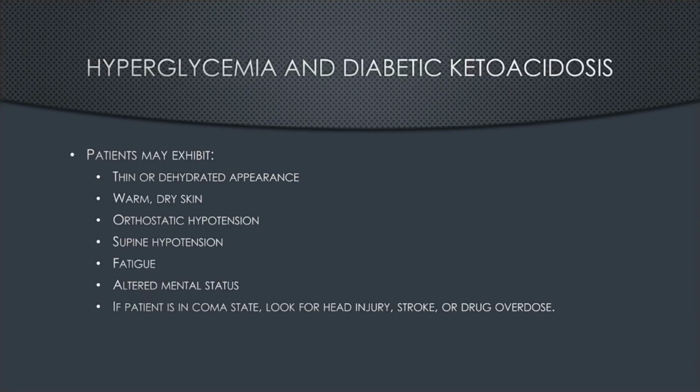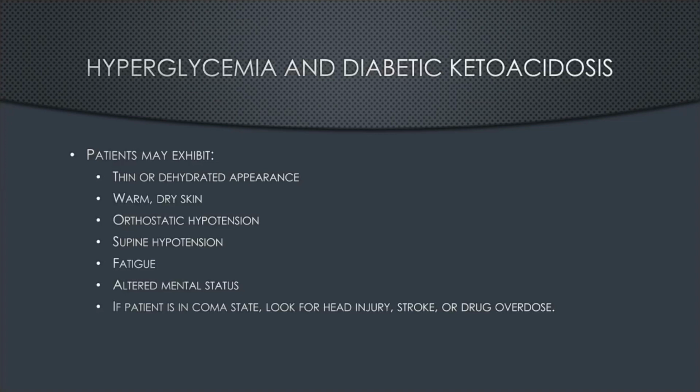So these patients usually appear pretty thin or dehydrated, and they have warm, dry skin. They may also exhibit orthostatic hypotension, supine hypotension, fatigue, altered mental status. With time, weight loss from the hypermetabolic state will occur. Patients in DKA are seldom deeply comatose. So if the patient is totally unresponsive, look for another source of the coma, such as head injury, stroke, or drug overdose.